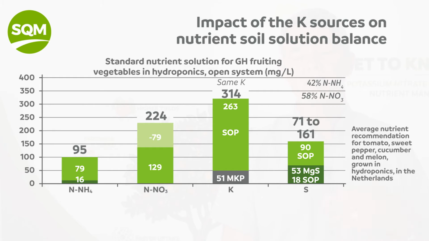And your nitrate is under-applied because you're not using potassium nitrate, and you have to apply a different nitrogen source, which will then push up the ammonium, and the nitrate will be lacking. Your nitrate to ammonium ratio there is 58% nitrate and 42% ammonium. So you've got an excess of ammonium, and as I said with those triangles, as soon as you've got too much ammonium, you start affecting the cation balance of the calcium and the potassium and the magnesium.